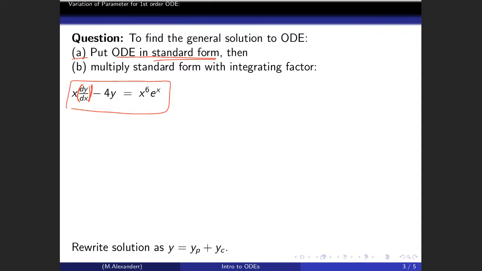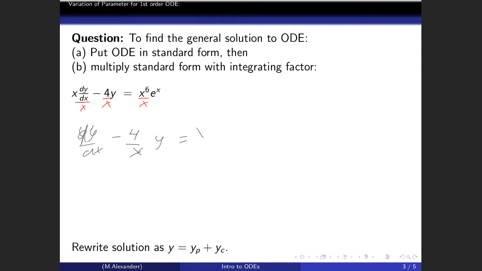And so what do we do? We are going to divide by x everywhere. So let me clear this up a little bit to show my steps. When we do that, the equation that we get is, I do need to write down the dy dx, and then this is going to be minus 4 over x times y is equal to x to the fifth e to the x.